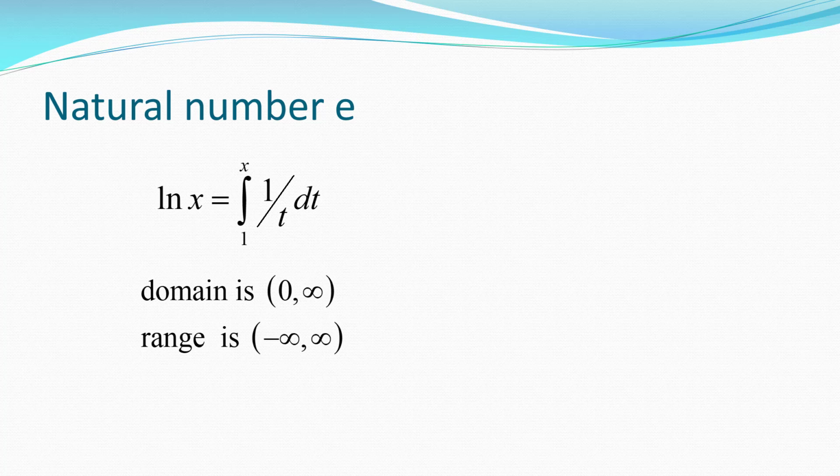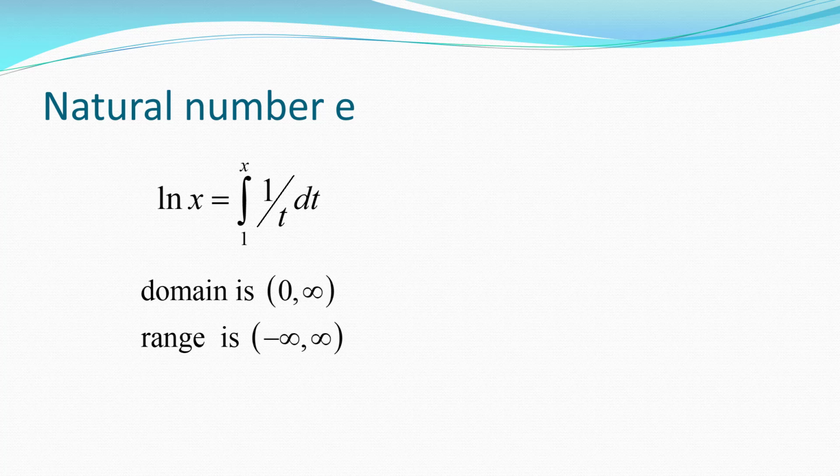Okay, now, combining what we just saw, the definition of the natural log is in terms of a definite integral, but more importantly, we know its range is negative infinity to positive infinity, which means somewhere the natural log of x equals 1. But we also know, since the derivative of the natural log of x is always positive, that the natural log of x is always increasing.